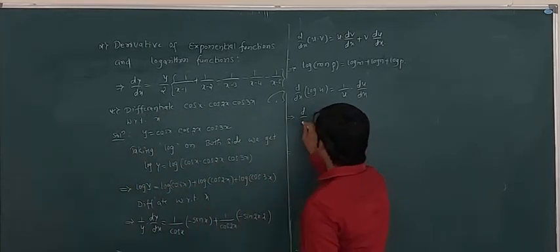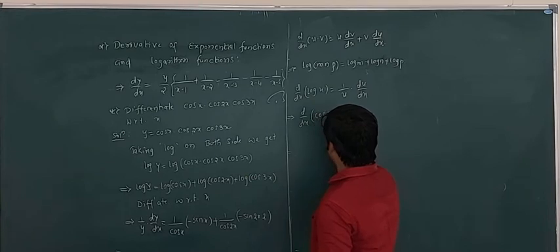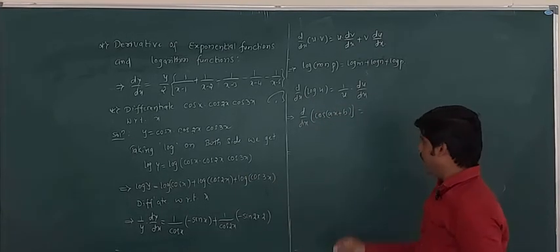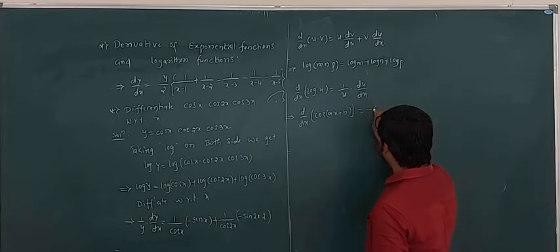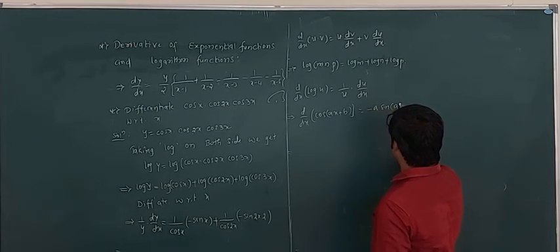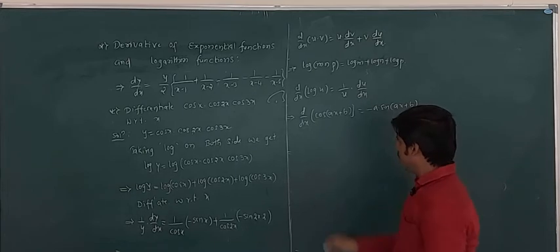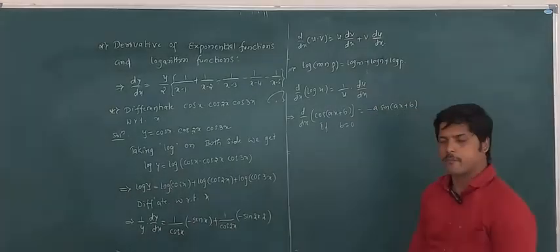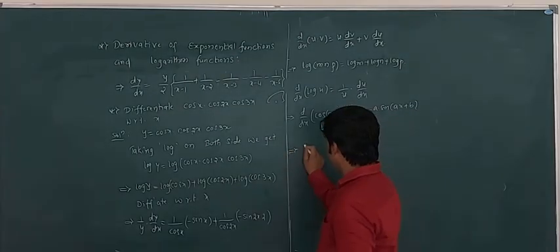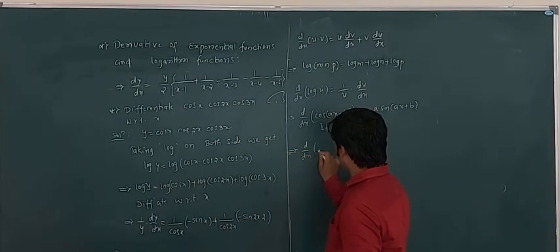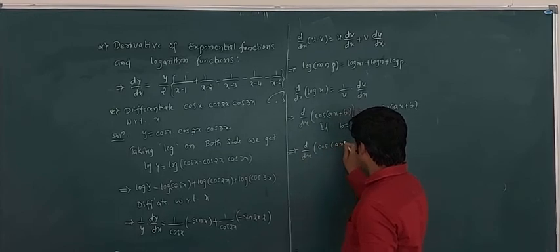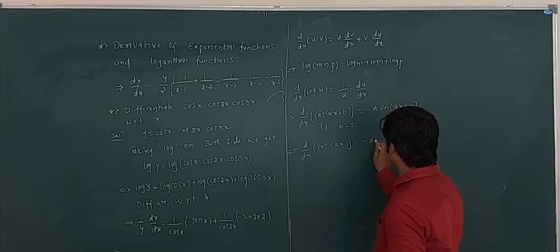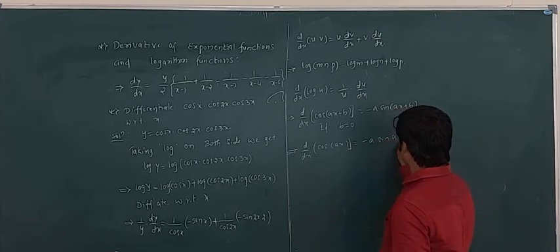Because again we have the formula d by dx of cos of ax plus b equal to minus a into sin of ax plus b. If in this equation b equal to 0, then we get d by dx of cos of ax equal to minus a into sin ax.